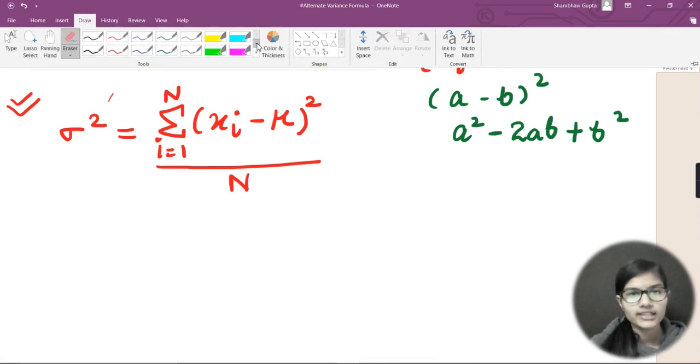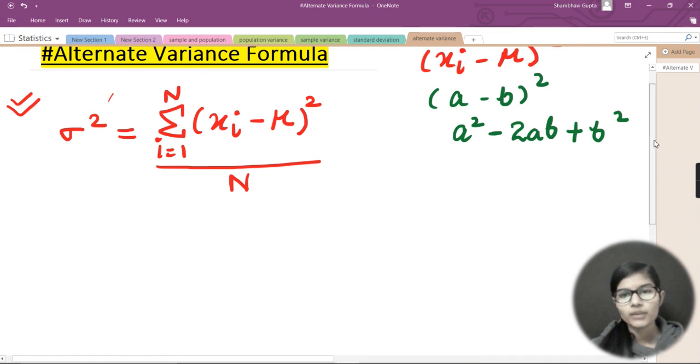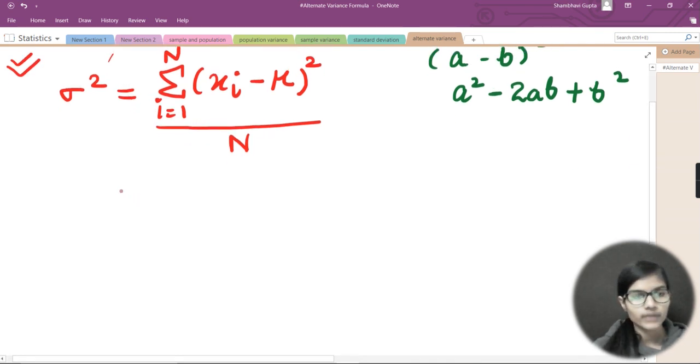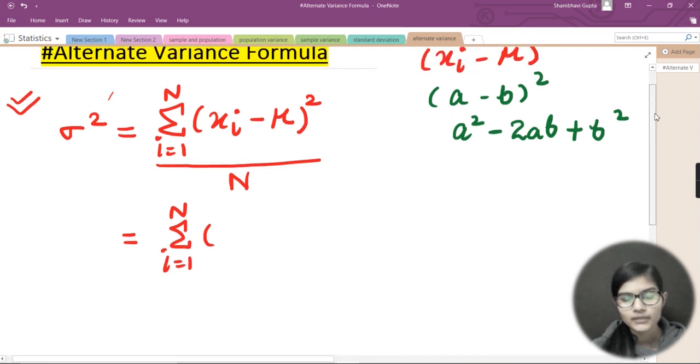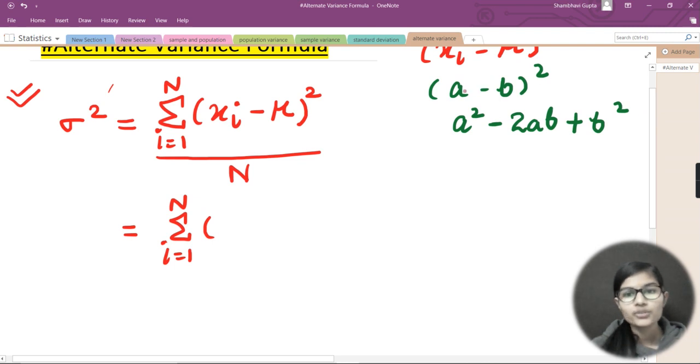Now I'm going to write the whole expansion of this in the next line. Here I'm going to write equal to sigma i is equal to 1 to n, that is summation, and in the bracket, just assume this xi as a and this mu as b.